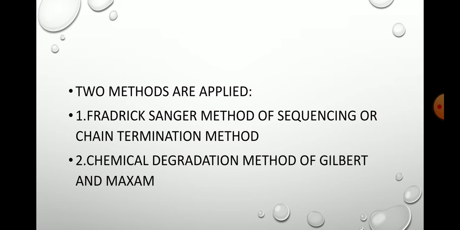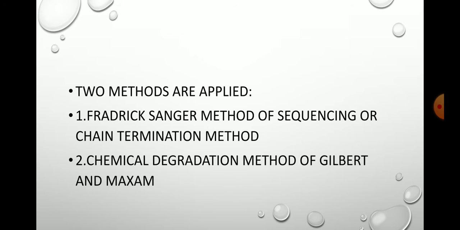The next requirement is the deoxynucleotide triphosphate, which is present in normal DNA, and DNA polymerase is also required. There is also a requirement, in a very little amount, of ddNTP.